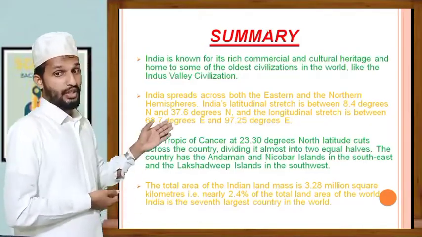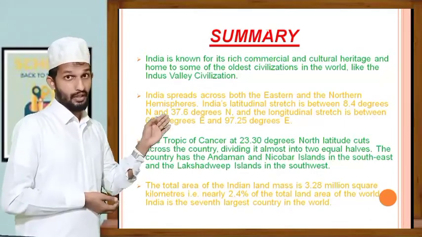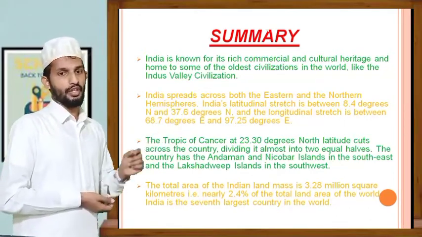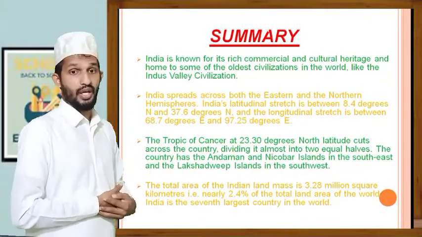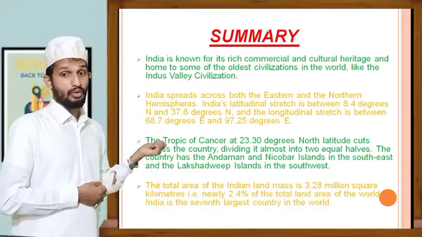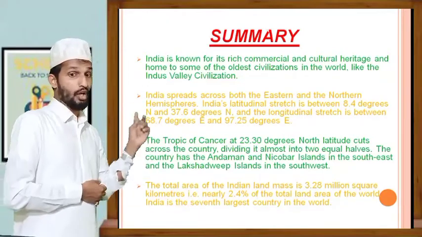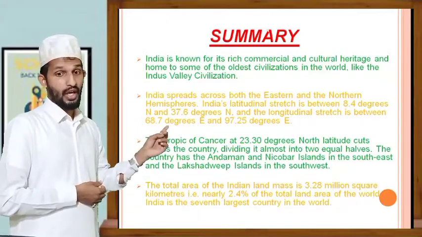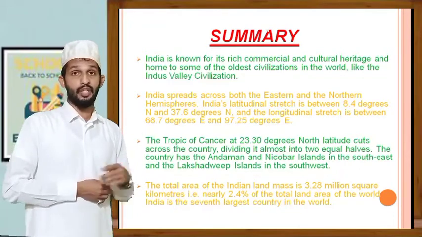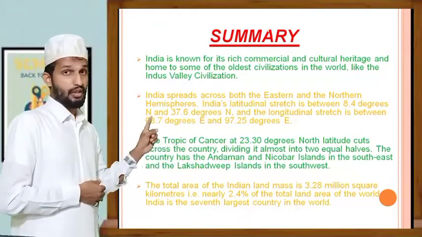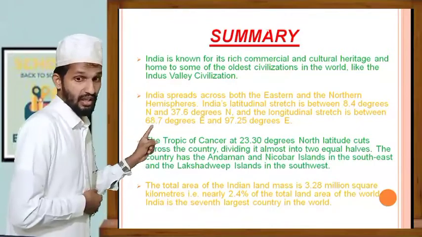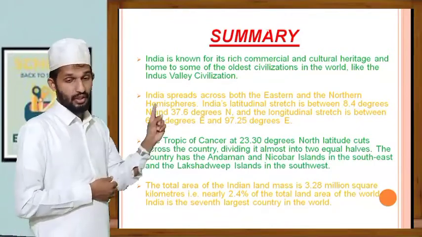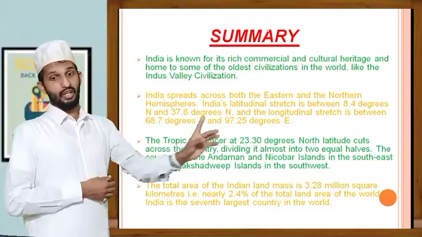After all, India is known for rich commercial and cultural heritage and is home to some of the oldest civilizations in the world, like the Indus Valley civilization. India spreads across both the eastern and northern hemispheres. India has a latitudinal stretch from 8.4 degrees north to 37.6 north, and 68.7 degrees to 97 degrees east.